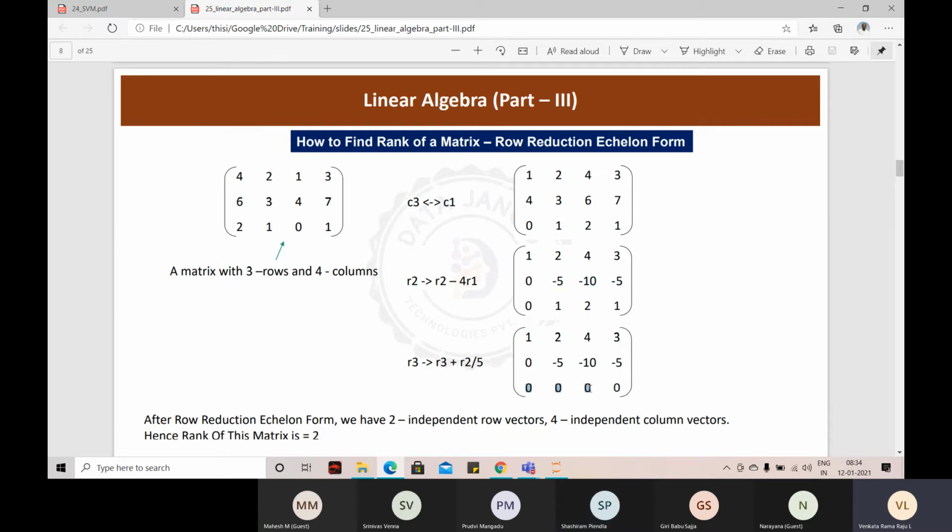We are trying to nullify the rows and columns so that we ultimately find the numbers there. When there are numbers, they are independent. When there are no numbers, it is a dependent one. This is dependent on these two rows. That's where it got eliminated when we applied some linear combinations.